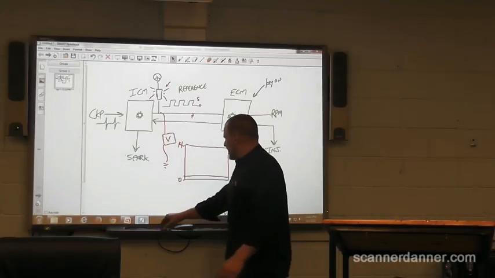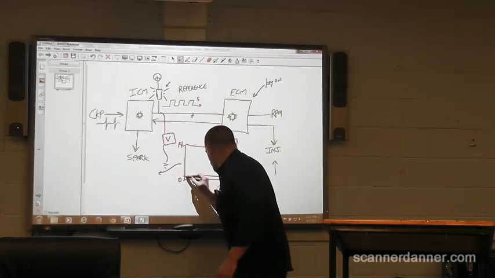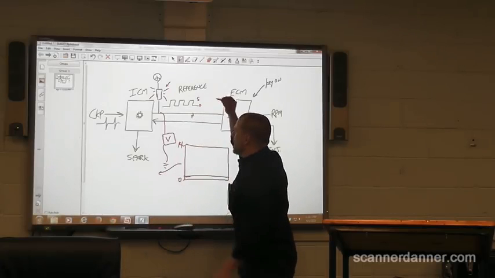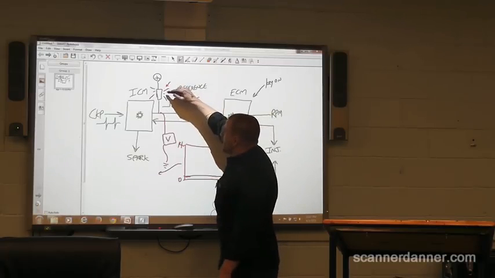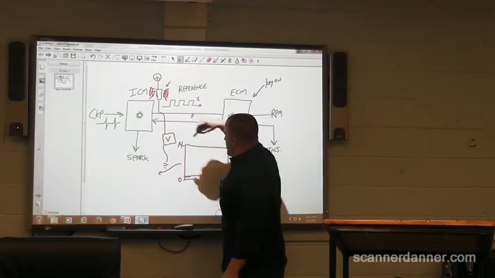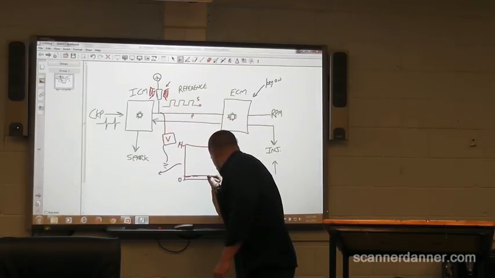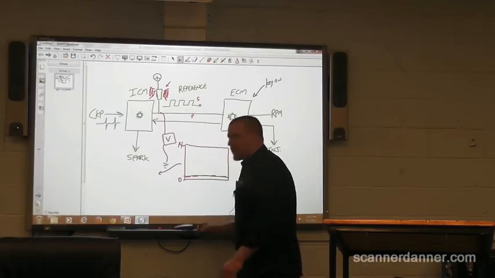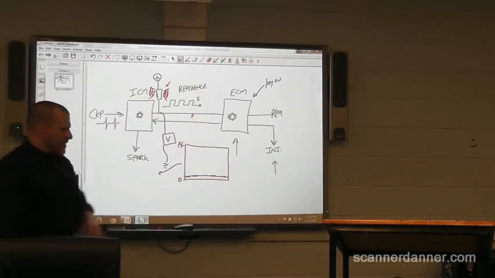So here's what I did next. I took my scope, because I saw something here. I looked close this time because it wasn't making sense. I could make it fire the injectors with my test light. Test light was not lighting. This wasn't there, but I still didn't have a signal. And I looked real close at my scope, and I was seeing these thicker lines down at the bottom of my scale. So I changed my scaling.